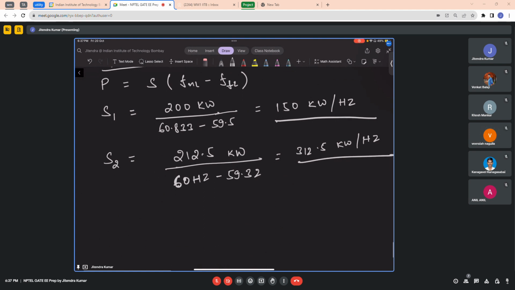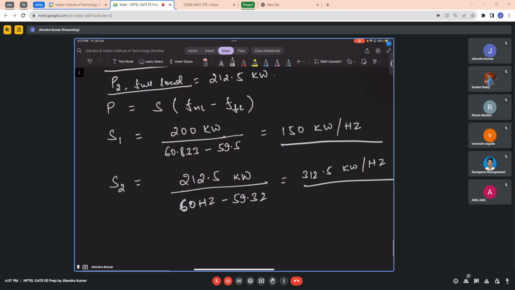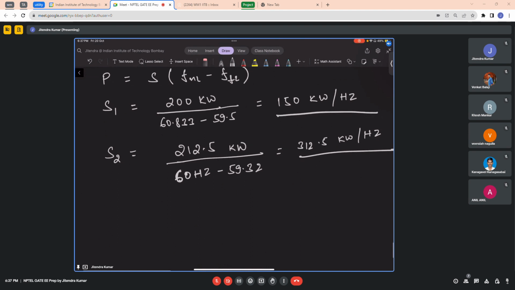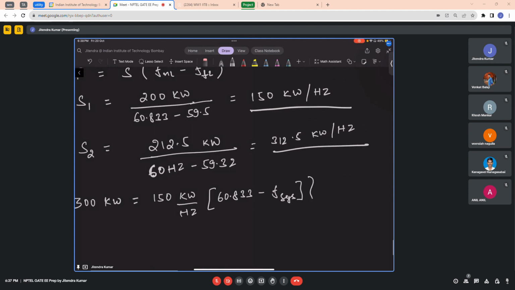Now we wanted the system frequency, right? So for the system frequency, I would like to just plug in those values, just like we did in the previous question. So total power is 300 kilowatt, that is the load power required. And slope one is 150 kilowatt per hertz, and its no load frequency is 60.833 minus system frequency, which we are interested in, right?